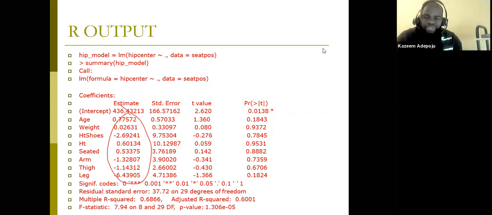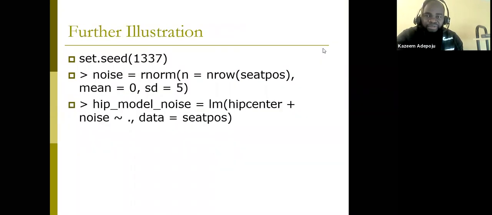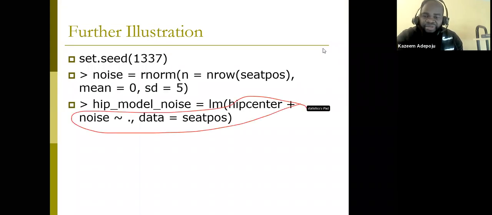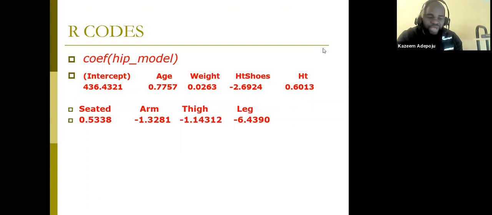Now, when we decide to add noise into the model, that is the code to write to simulate noise. Take a look at that. I'm adding noise into the model, and I'm trying to investigate.